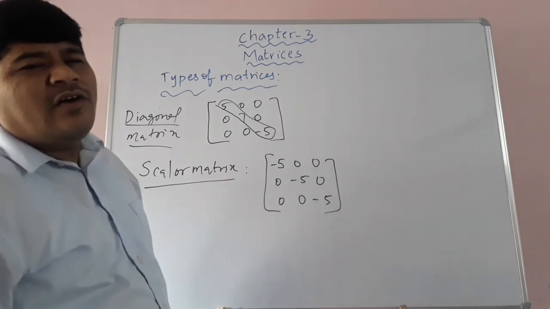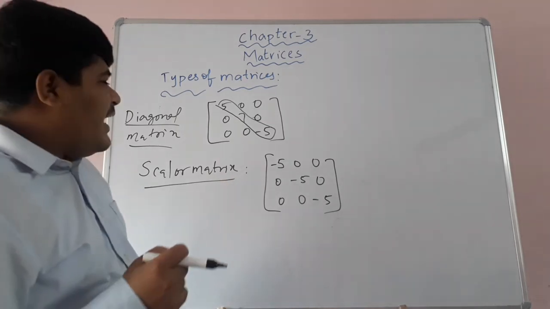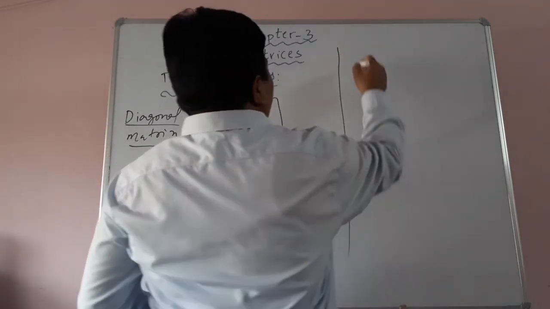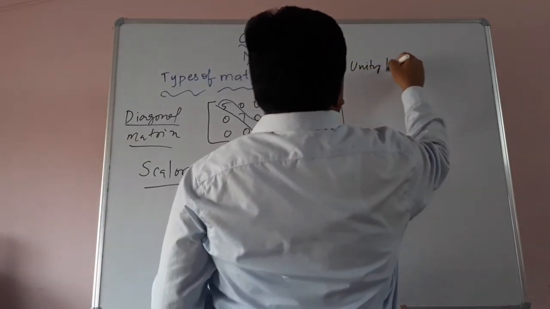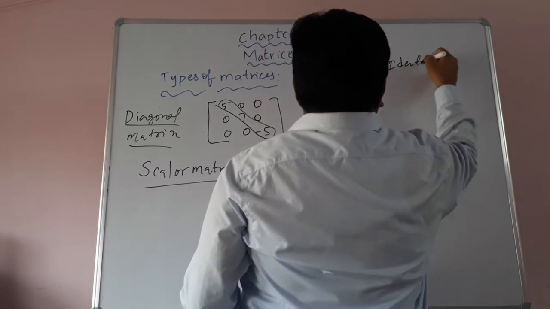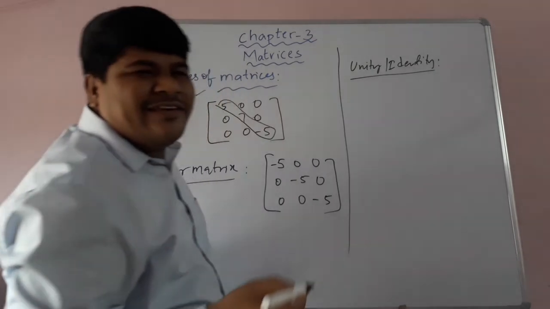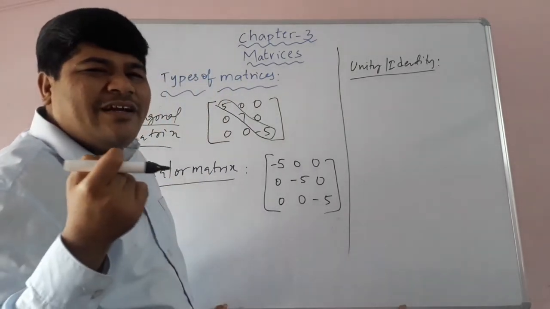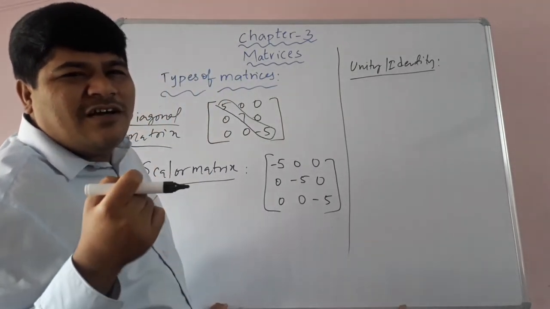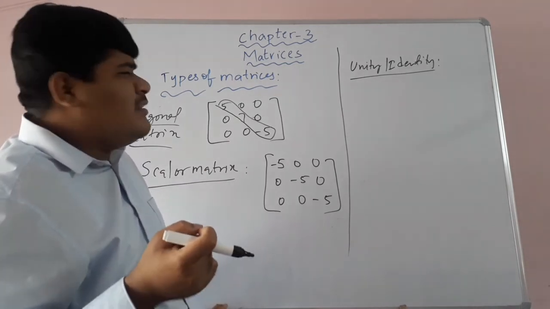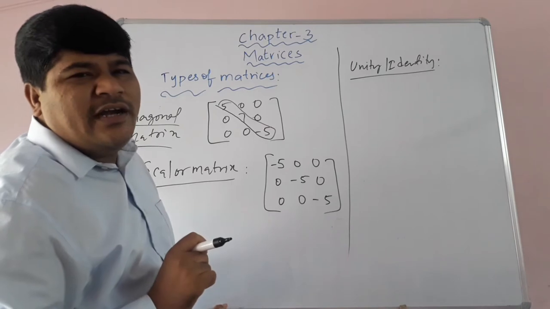After this, the unity or identity matrix. Children, this is also very simple. In a scalar matrix, if the elements of the principal diagonal are 1, then that is said to be a unity or identity matrix.